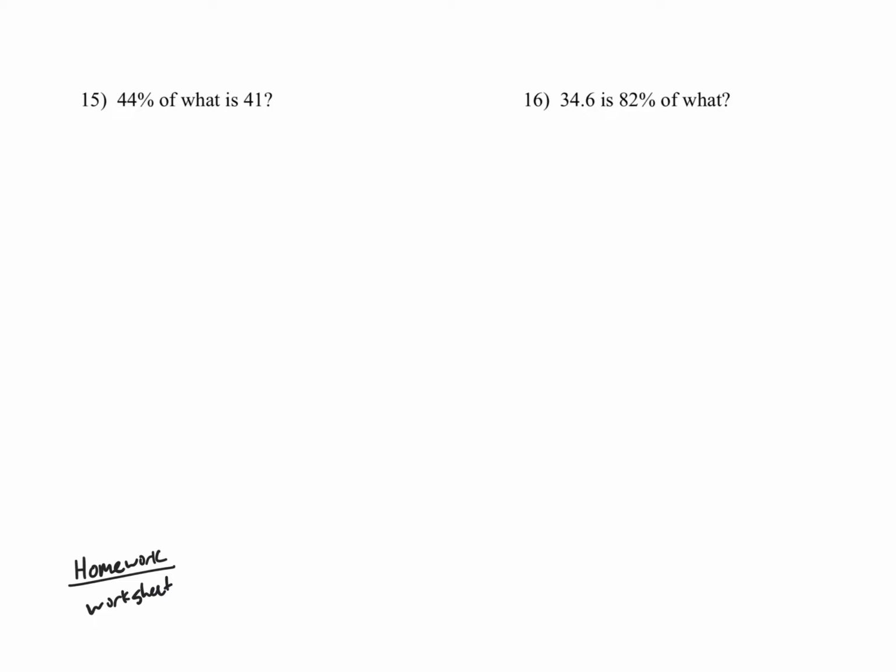So this is going to be 45 over 100. And then we have the 41 on the top, and we're looking for the whole. So go ahead and cross product here. So this is going to be 4100, and then 45x, dividing by 45.